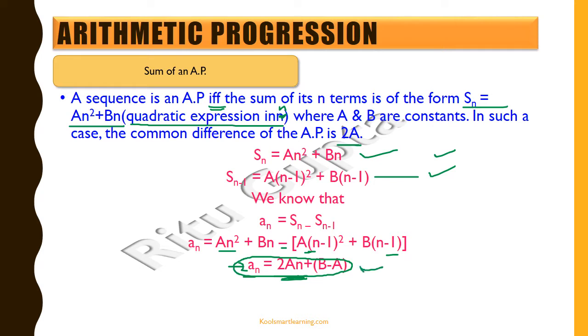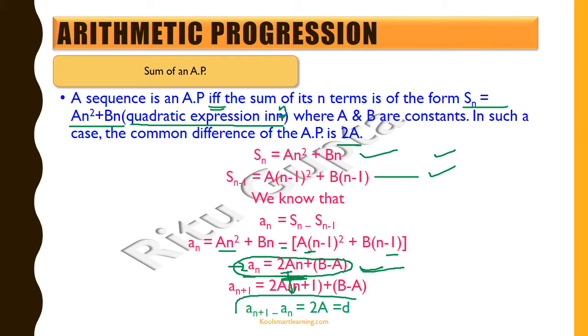And now we know that if the nth term is represented as a linear expression in n, then the coefficient of n is the common difference, which is 2a. So an plus 1 is equal to 2a into (n plus 1) plus b minus a, and then we subtract this and we get 2a.